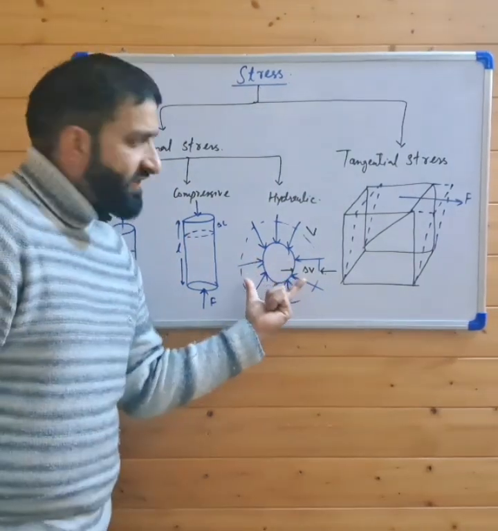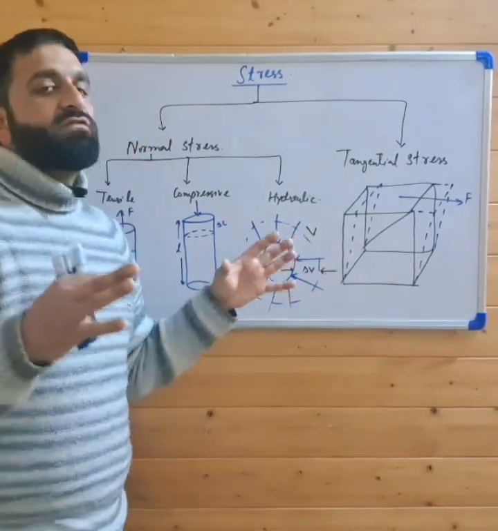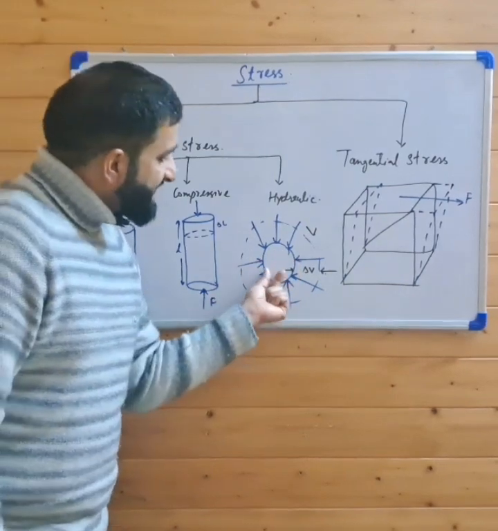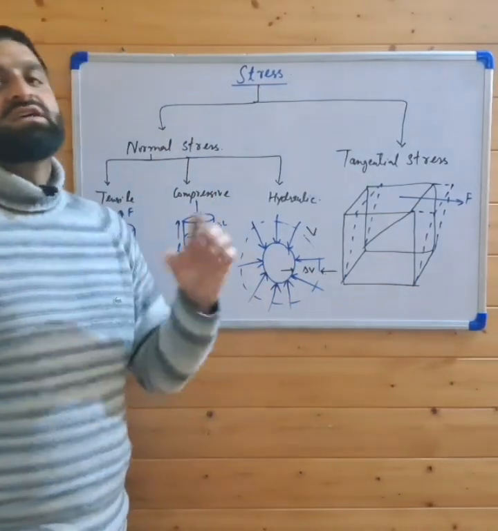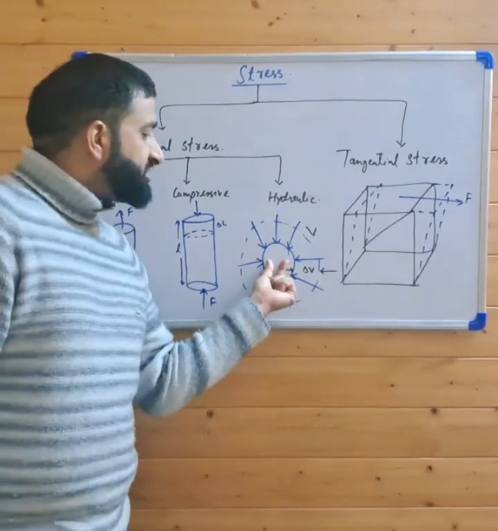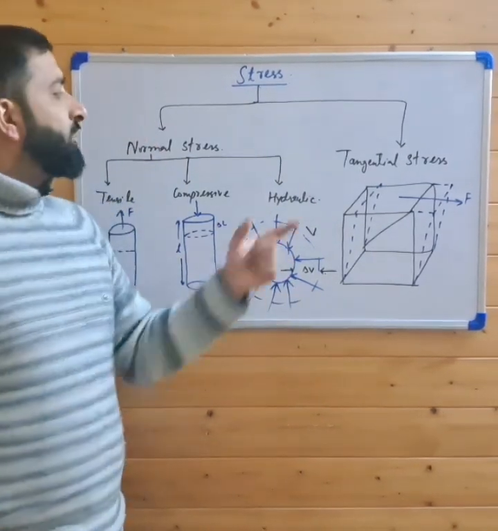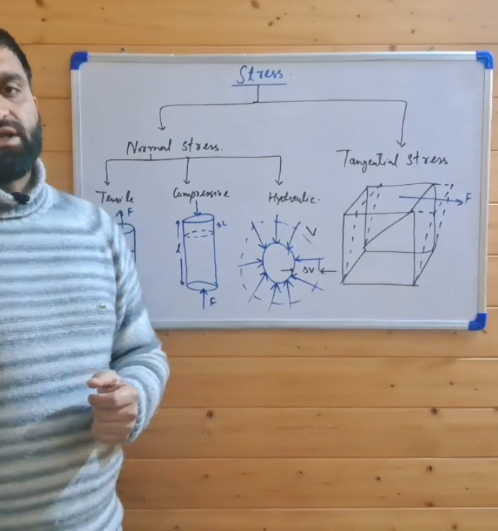That means it was a spherical solid of volume V. Under hydraulic stress there is a change in volume delta V, but the shape is spherical. So there is no change in shape but a change in volume. This is called hydraulic stress.